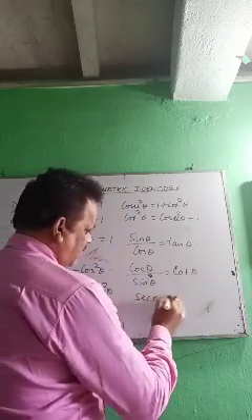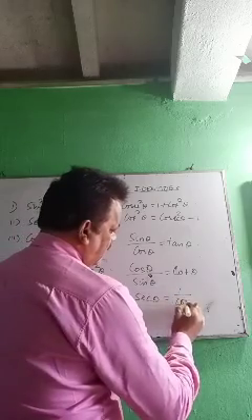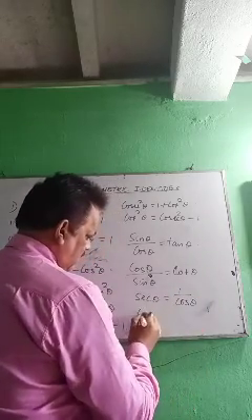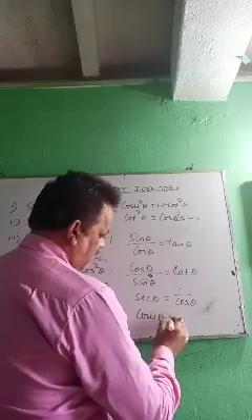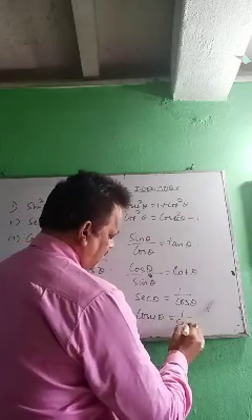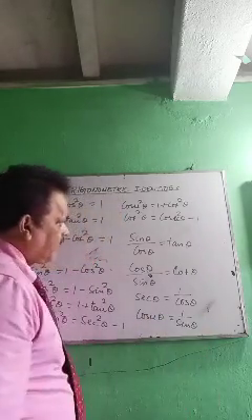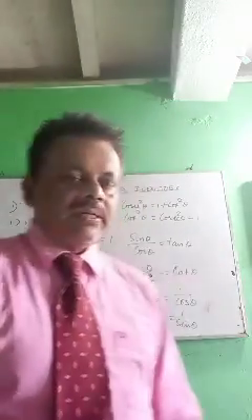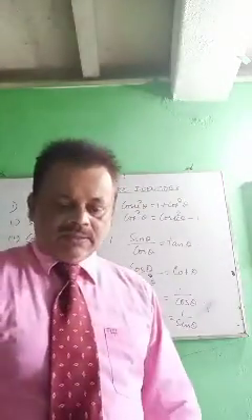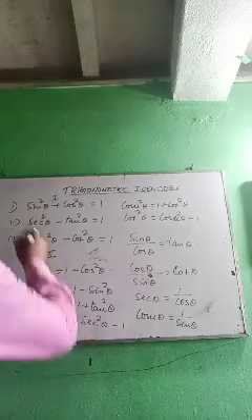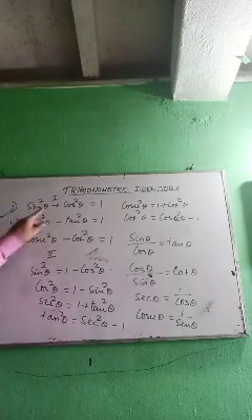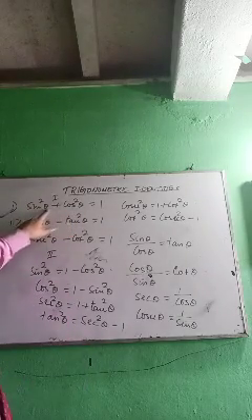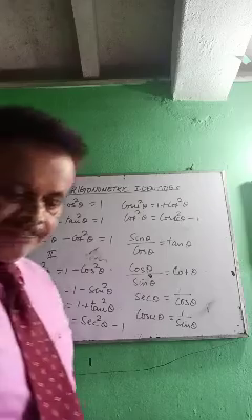Sec theta is 1 by cos theta. Cosec theta is 1 by sin theta. This identity you have to learn by heart. Okay, suppose look at this formula. The angle should be the same. Sin square theta plus cos square theta is 1.